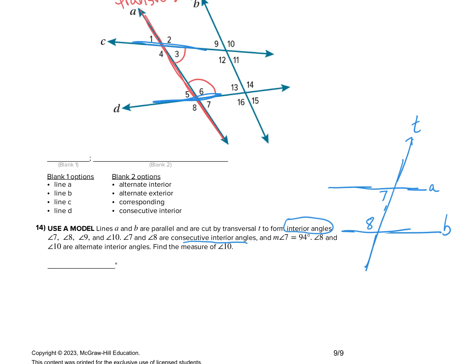The measure of angle 7 is 94 degrees. Angle 8 and 10 are alternate interior. Find the measure of angle 10.